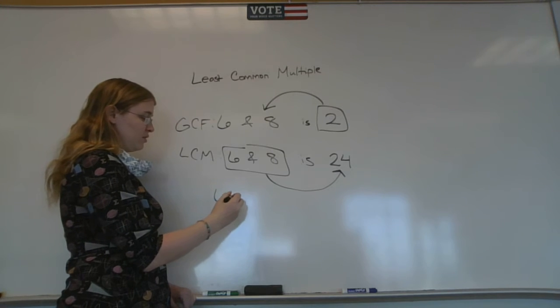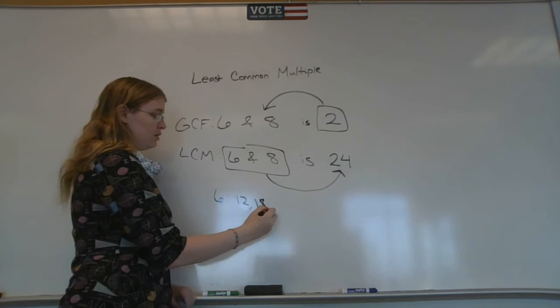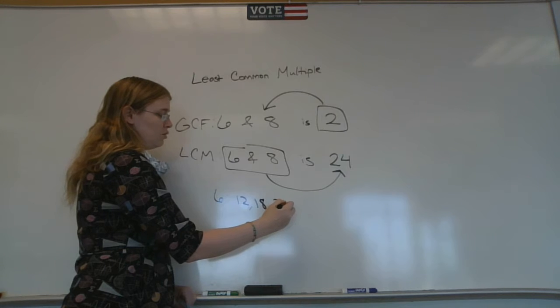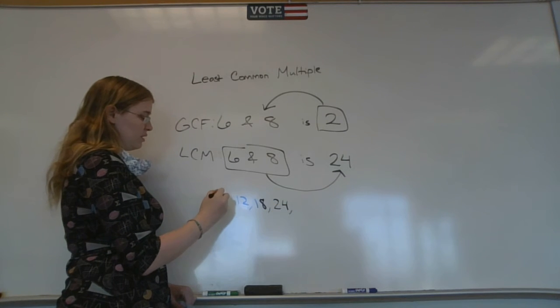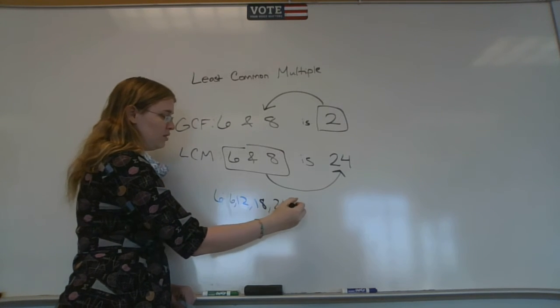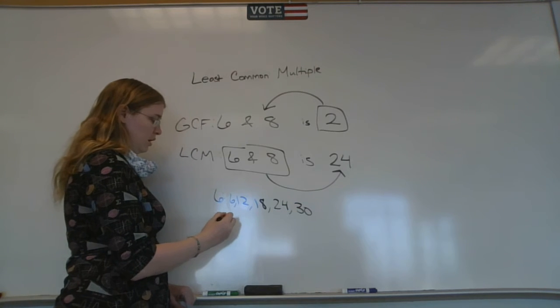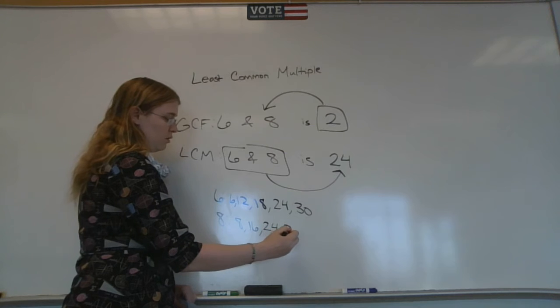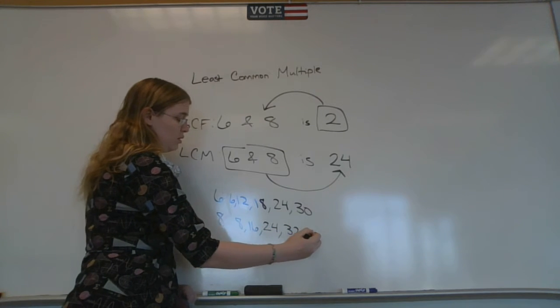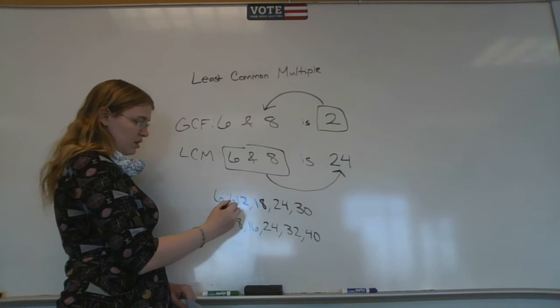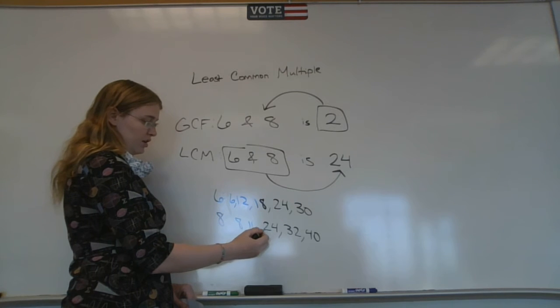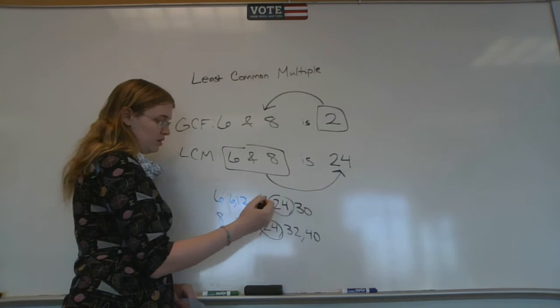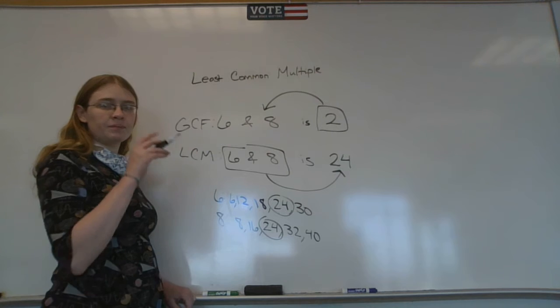So for 6: 6, 12, 18, 24, 30. For 8: 8, 16, 24, 32, 40. And then you see that the first number on the list that appears in both lists is 24.